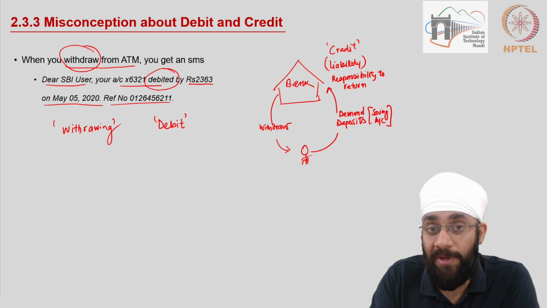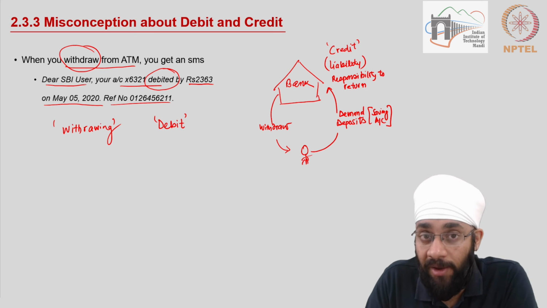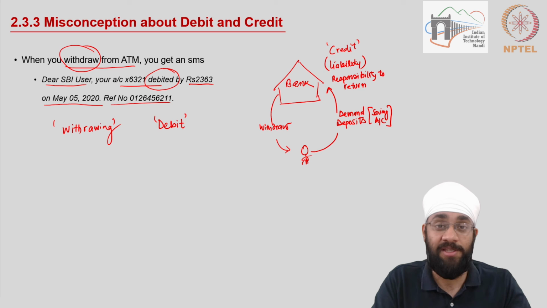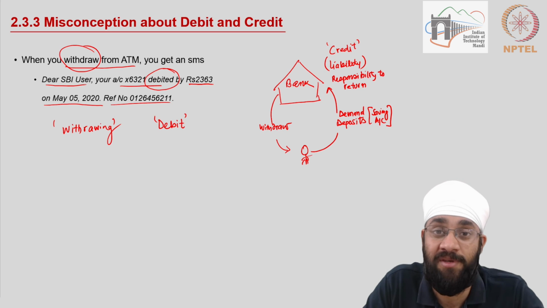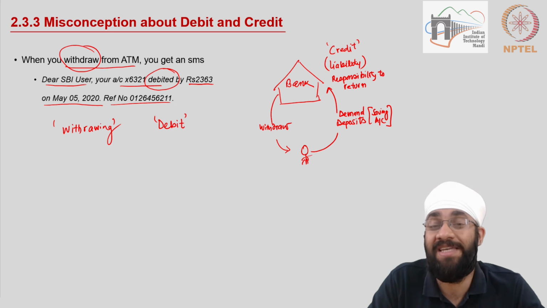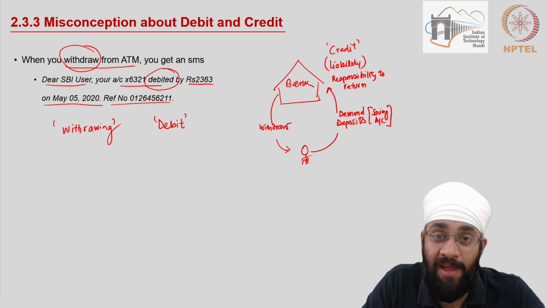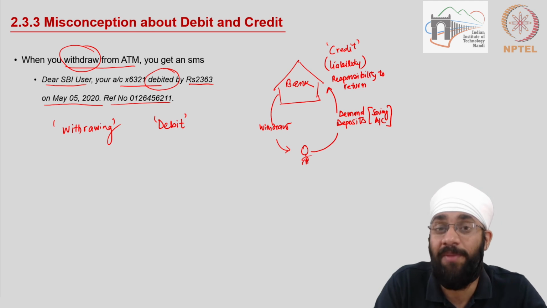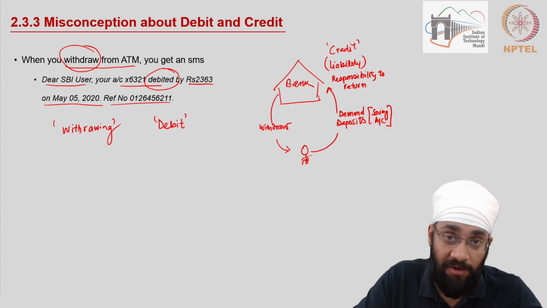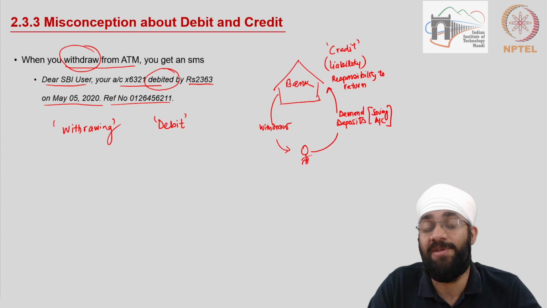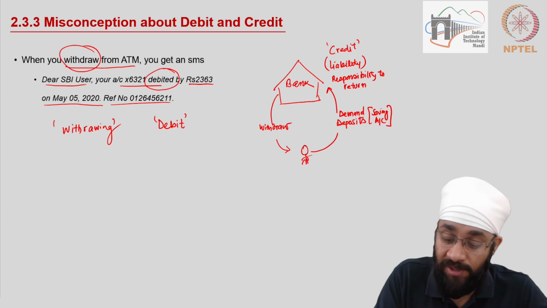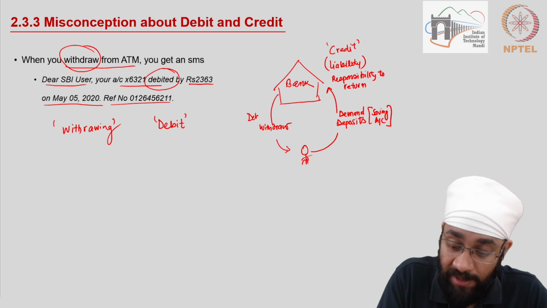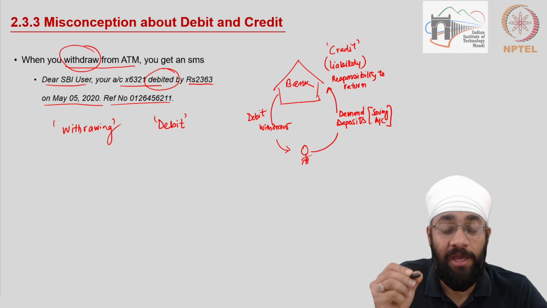When you withdraw money from the bank account, then the bank is relieved and the bank says, now we do not owe this person 10,000 rupees because he has withdrawn this money. That means this account holder's claims on the bank are going down. Alternatively, the bank's claims are going up on its own resources. So they say a debit. They write a debit.